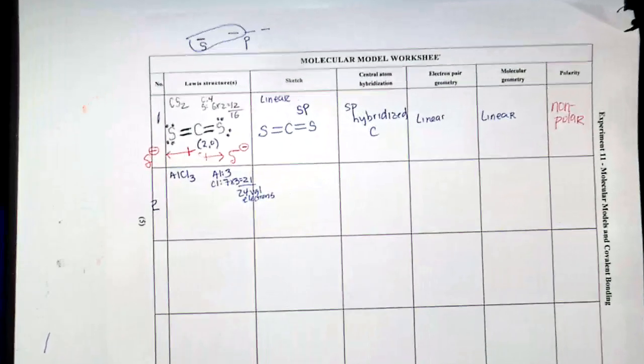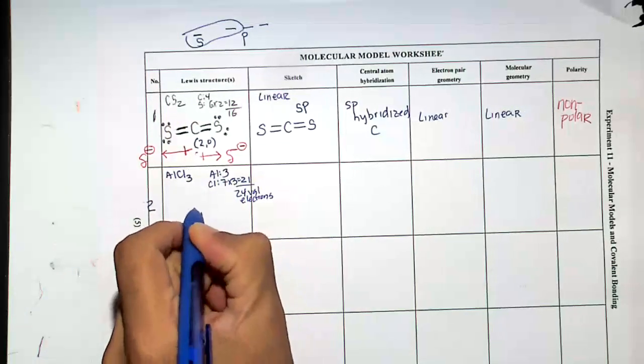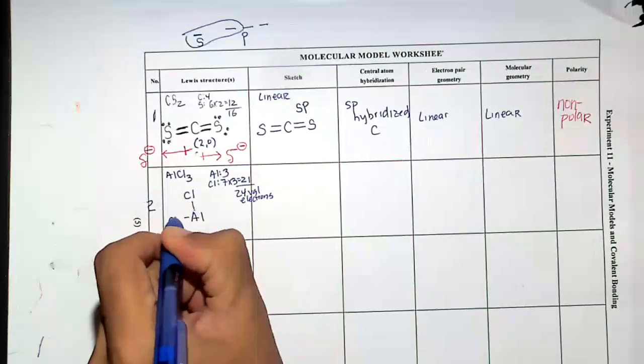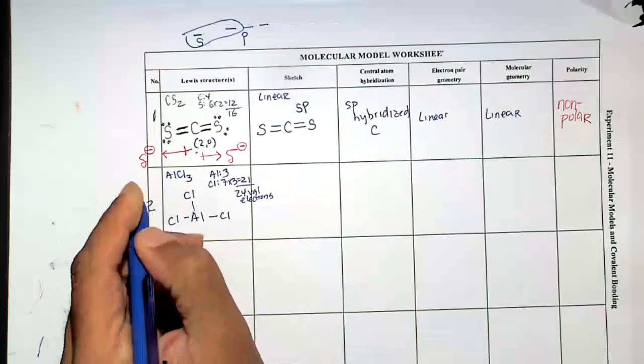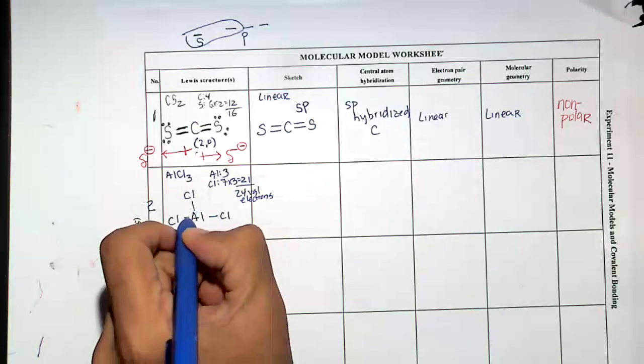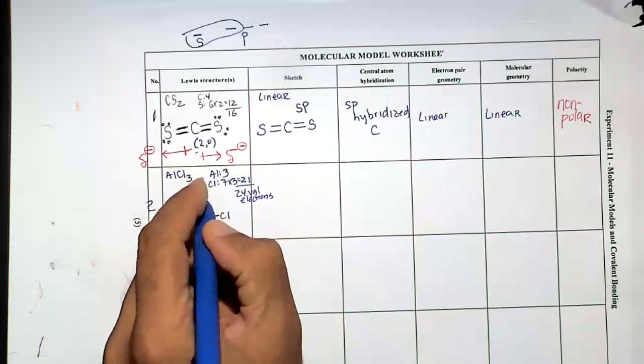So we'll make aluminum our central atom, and we will have a Cl here, a Cl, and a Cl. Aluminum loves 3. So 1, 2, 3, 4, 5, 6.